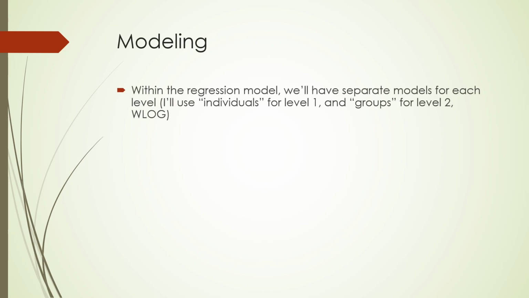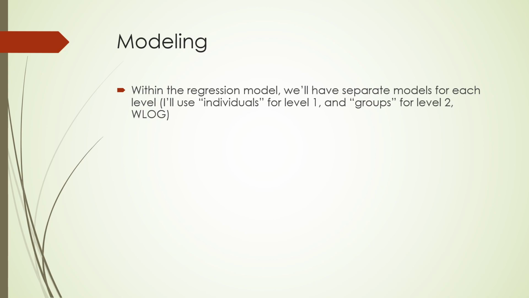All right, so talking about these examples, I'm going to be using individual or person for the level 1, and group or company for the level 2. So I might have company, employee, individual versus group. And I'm going to do this without loss of generality, WLOG. Just what I mean by that is by saying I get that not all level 1s are necessarily people, and not all level 2s are necessarily groups or companies.